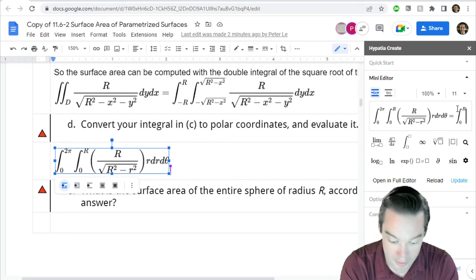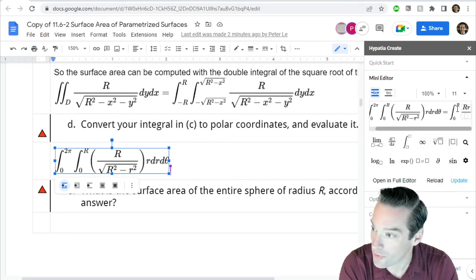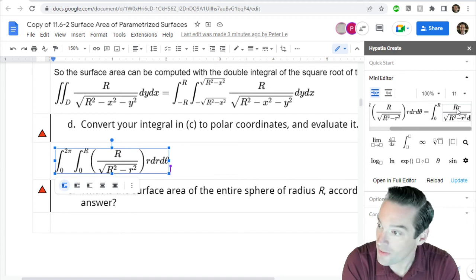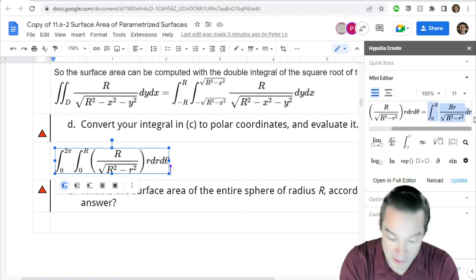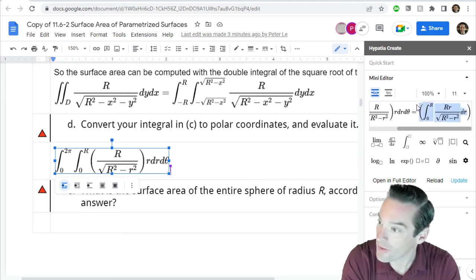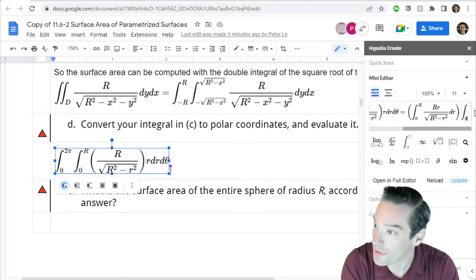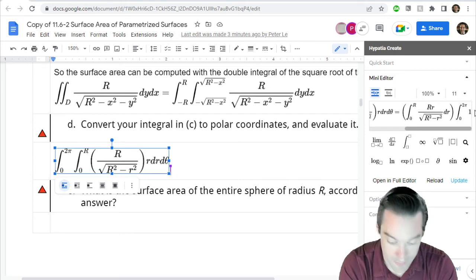So we'll call that big R times little r over the square root of big R squared minus little r squared. That's the integral with respect to r. And then we're going to be able to multiply that integral by the integral of the theta dependence, but there is no theta dependence, right? It's the integral from 0 to 2 pi of 1 with respect to theta.